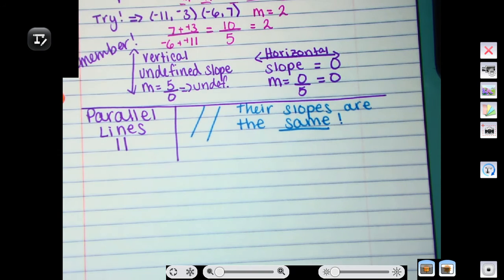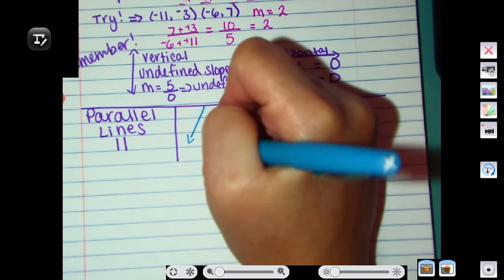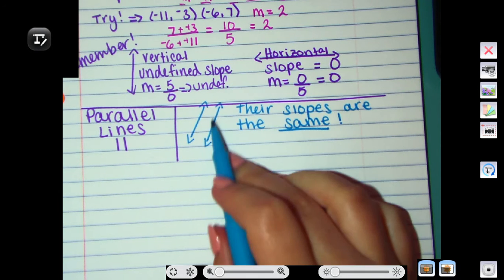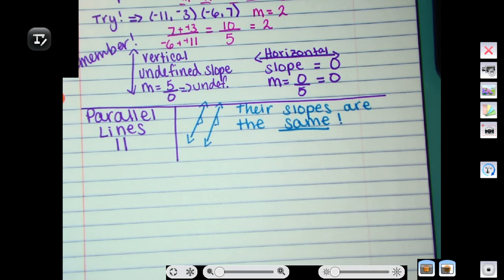Okay, this is what we're adding to our knowledge of slope. Parallel lines have the same slope. So if I were to have these 2 lines, if I were to find the slope with whatever method, either slope triangle or using the points, they would have the exact same slope. Okay, so that's new knowledge.